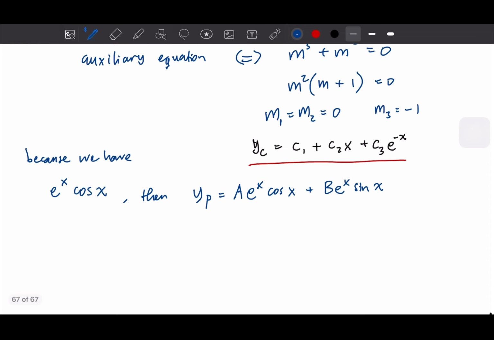What we need to do is check the first derivative, the second derivative, the third derivative.